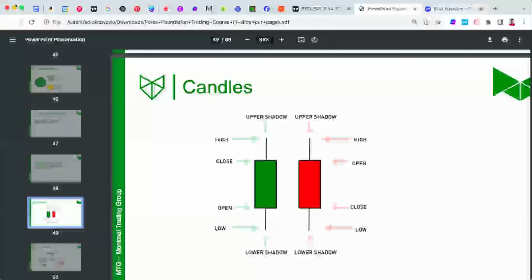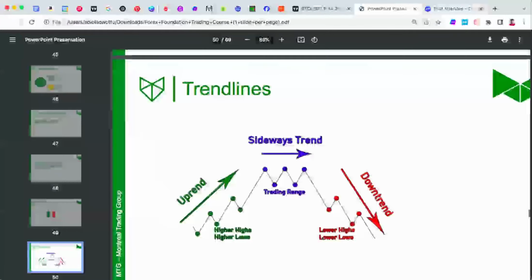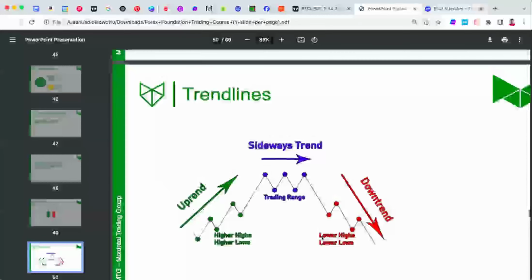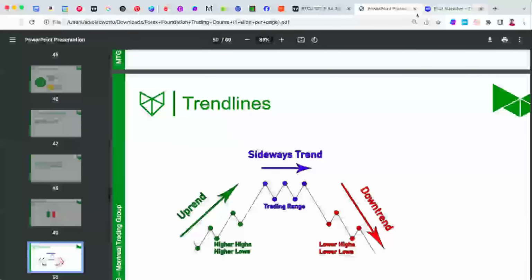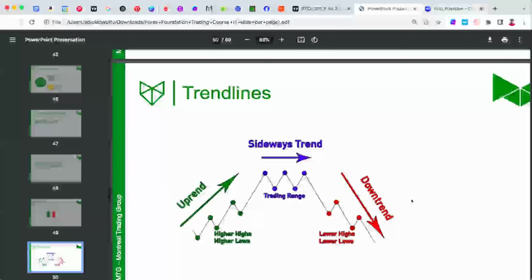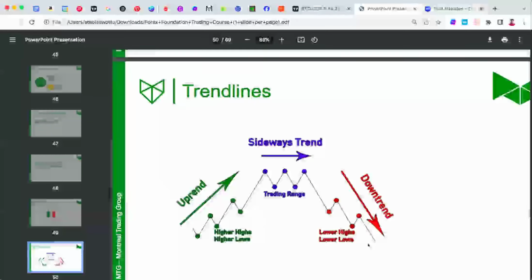Okay, let's move on. Here now, let's go to this. This now is the trend line, and when we talk about trend lines on our chart, I will make a live example.